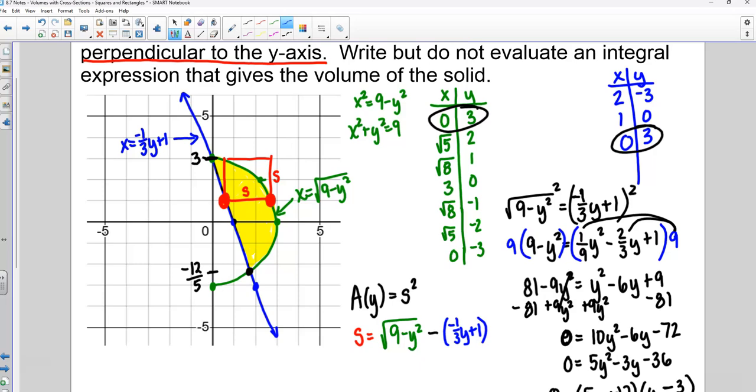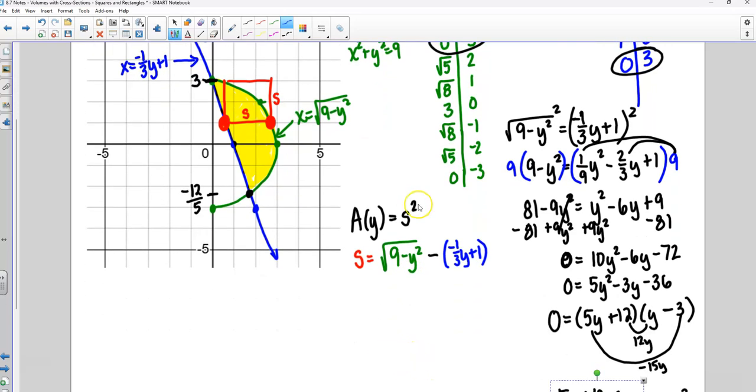You can distribute the negative if you want. You can leave it like this. It doesn't matter. Here, you can't really do much to combine any of that. Sometimes you can combine things, but not here. So that is S. All of this stuff that we just found, all of this stuff that we said is S, gets plugged in here.